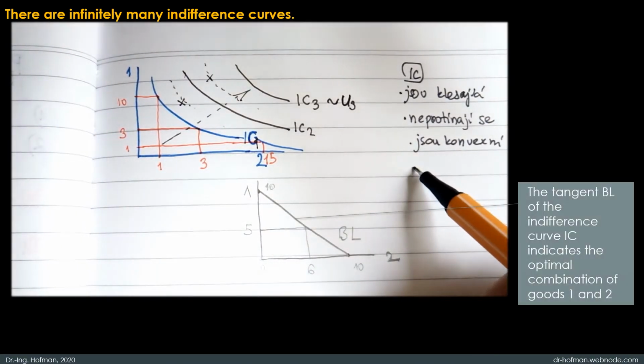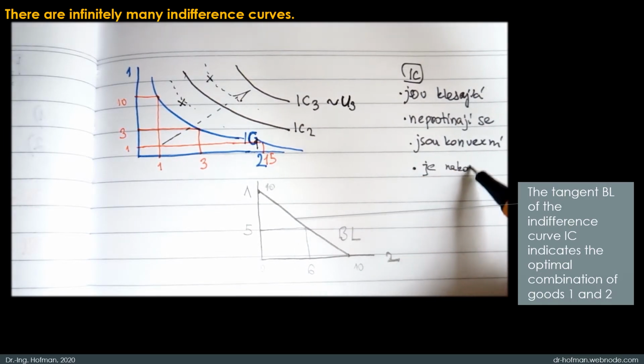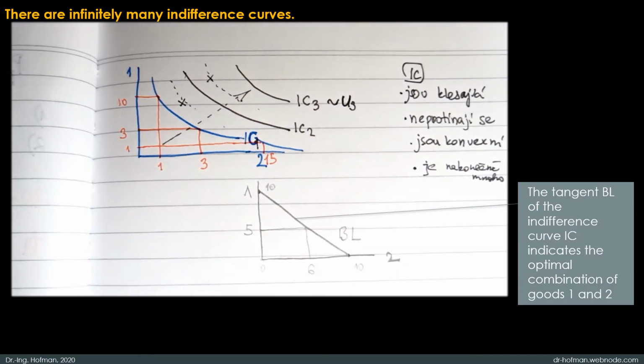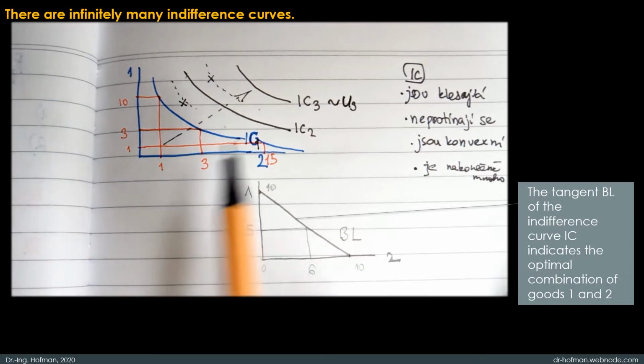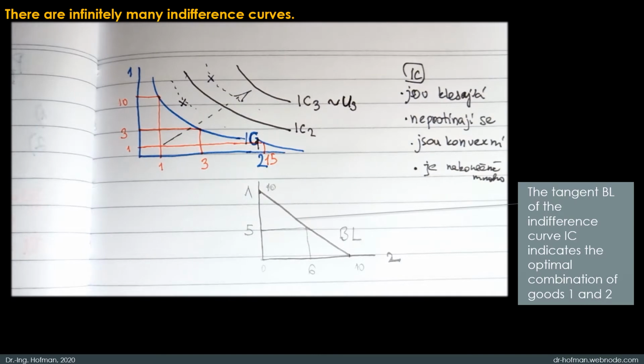Let's add another property of indifference curves. There are infinitely many indifference curves. In the graph, you can only see 3 indifference curves as an example, but even between them lie countless indifference curves.